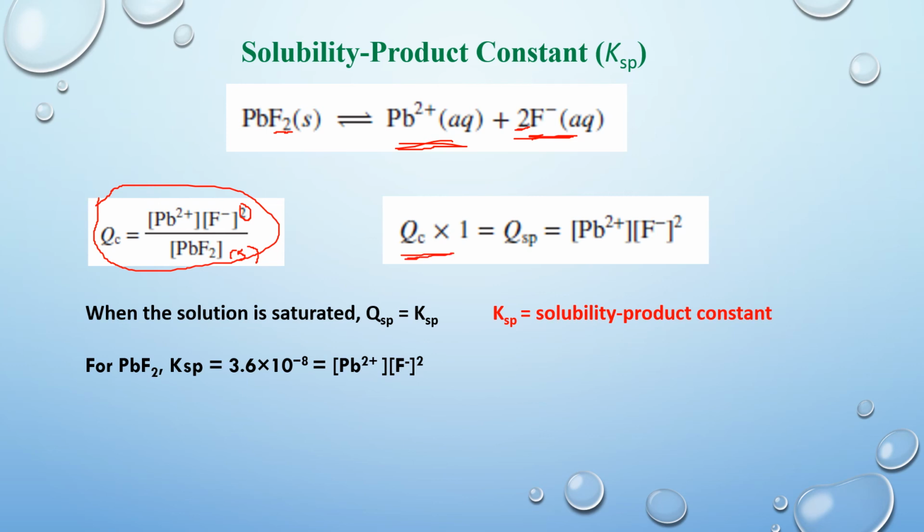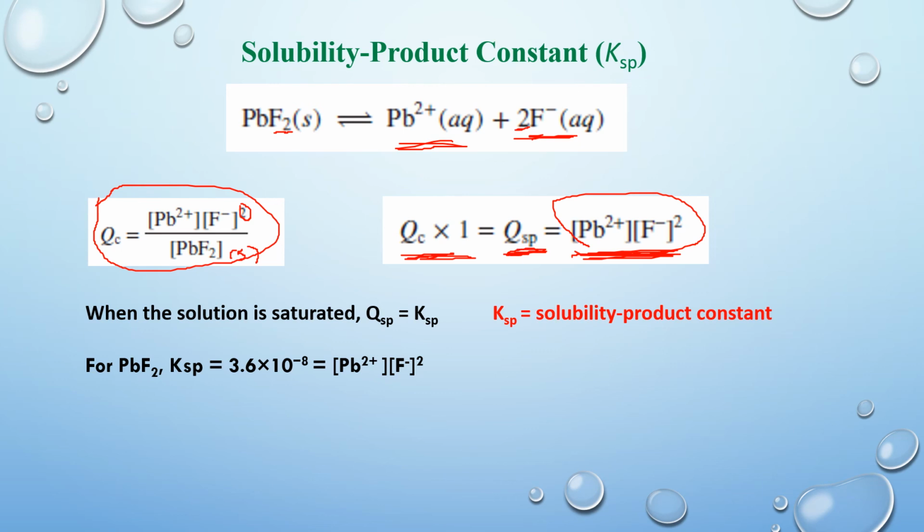So on the left-hand side, you have Q_c times 1, and on the right-hand side, you have the concentration terms on the numerator. And for these concentration terms, which indicate the products, right? So we say it's equal to Q_sp. So this is a reaction quotient regarding the solubility products. So we have sp as the subscript.